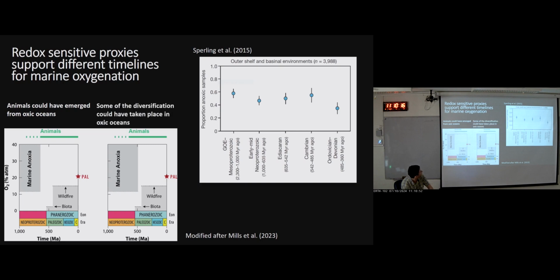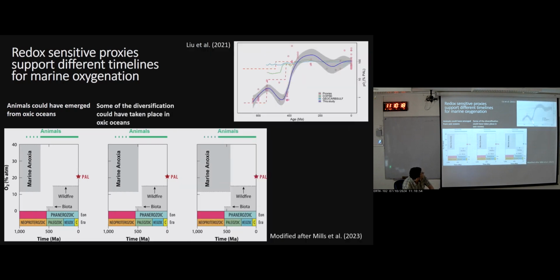We have more records. I bet that you can't read the axis here, so I will tell you that this is a reconstruction of the rise of oxygen in shallow marine environments based on cerium anomaly.